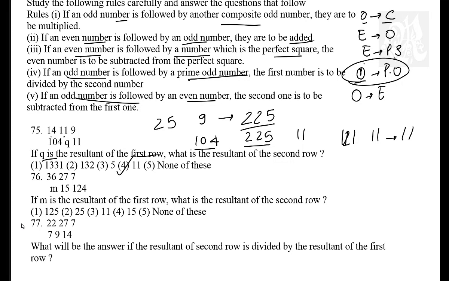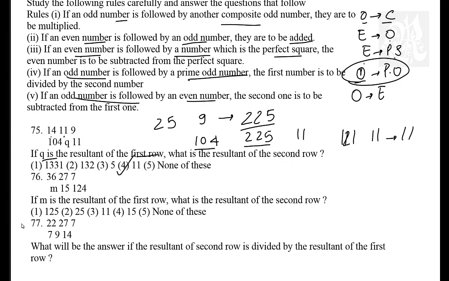Even followed by perfect square, then the even number is to be subtracted from the perfect square. 225 minus 104 is 121. And then you have 121 and 11, which is odd followed by prime odd. Odd followed by prime odd, the first number is to be divided by the second. So 121 divided by 11 is 11. Are we clear? Yes. Very simple.